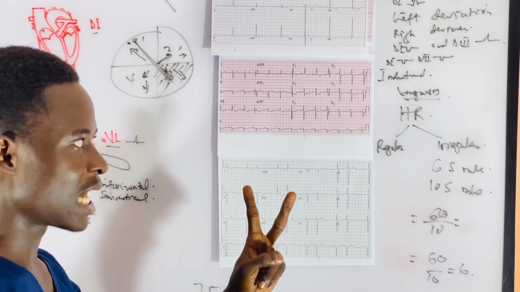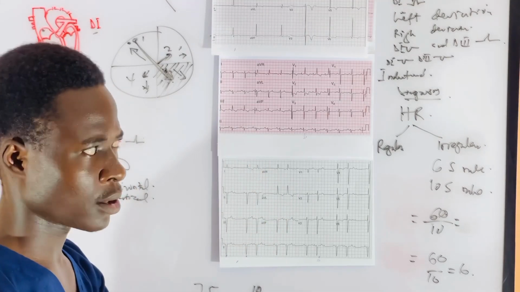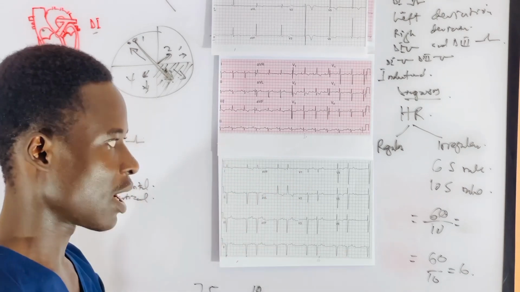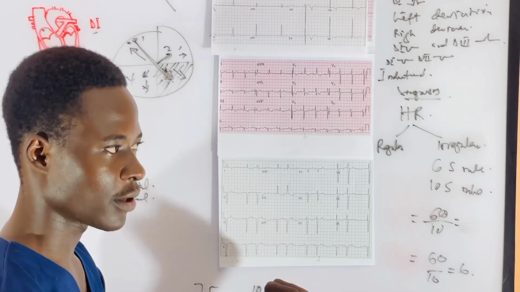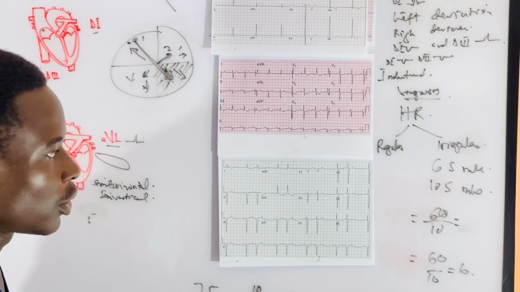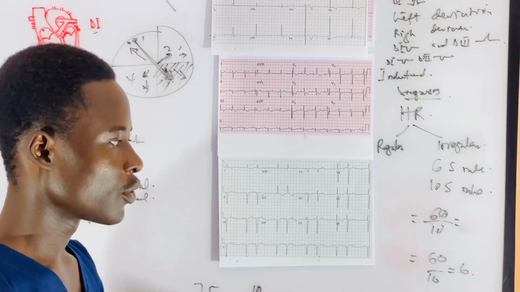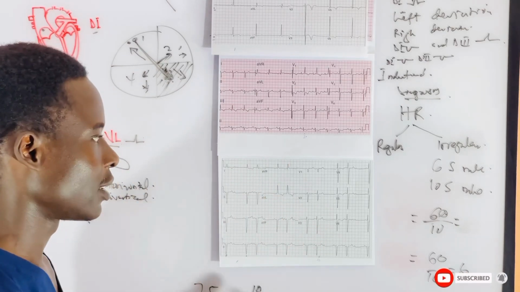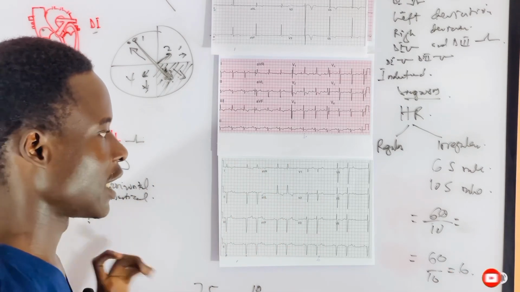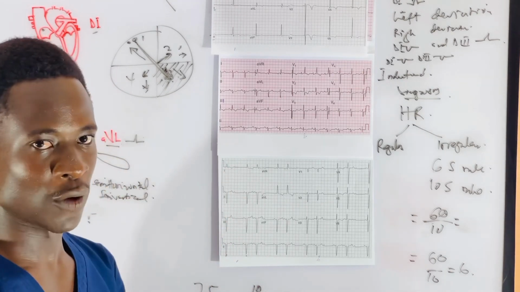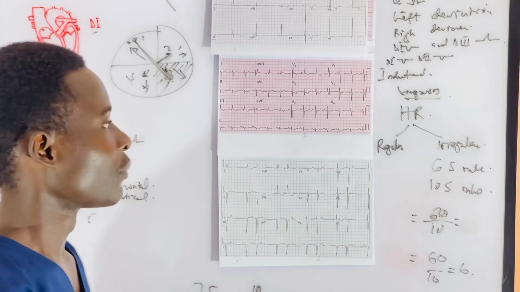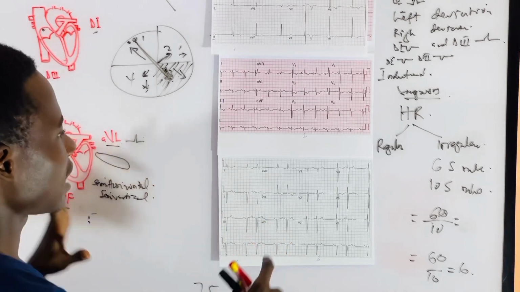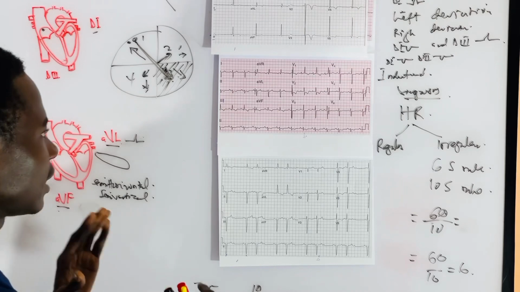First, know whether it's regular or irregular, and know the formula you are going to use. For regular, you use the 300 formula or the 1500 formula. For irregular, you use the 6 seconds rule or the 10 seconds rule. For the 6 seconds rule, the constant is 10, you count 30 boxes, check the number of R waves there, and multiply it by 10. So that is basically the whole class.